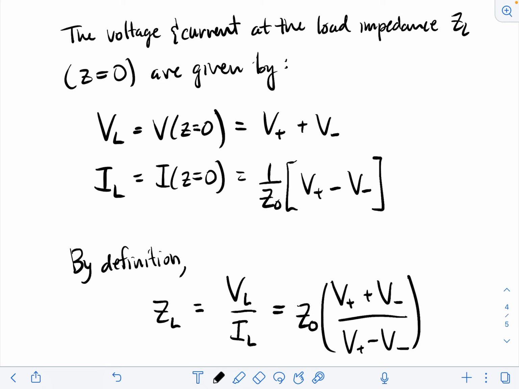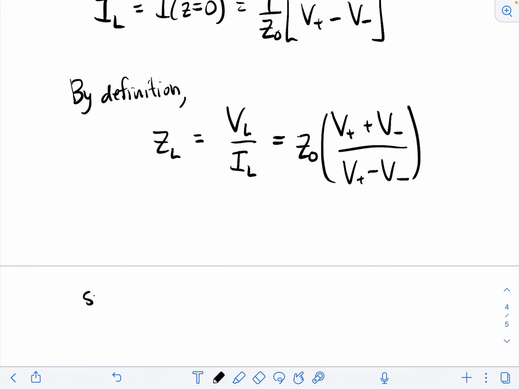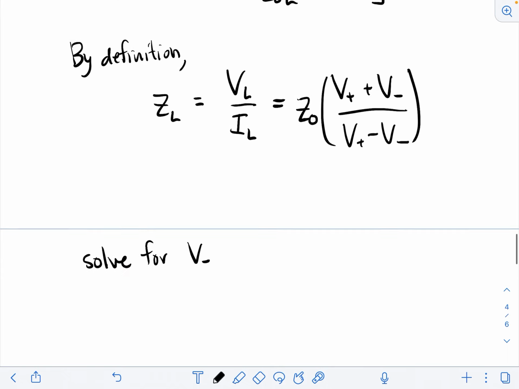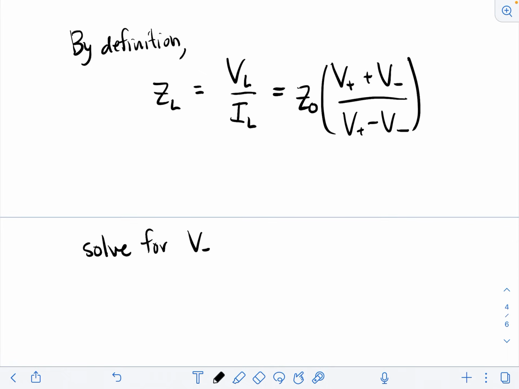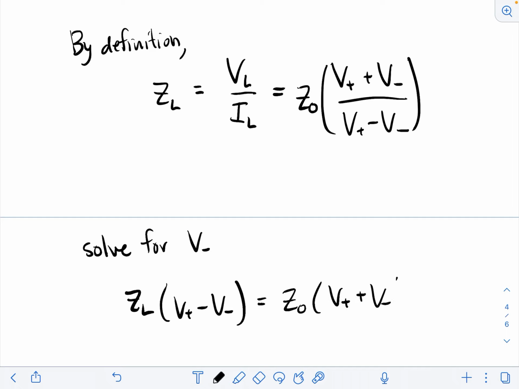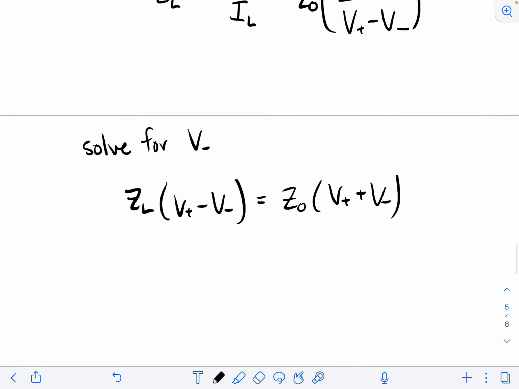So what we're going to do with this is solve for the coefficient V minus. Let's see, what's the best way to do that? Well, we'll go ZL times V plus minus V minus is equal to Z naught times V plus plus V minus. And then we'll try to put all the V pluses on one side and all the V minuses on the other side.